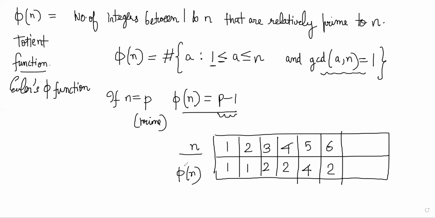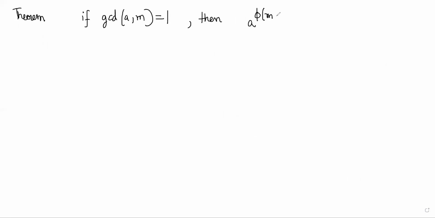So now we will be using this Euler's phi function, and we'll be proving this theorem. The theorem is this: if GCD of A and M is 1, then A power phi of M is congruent to 1 mod M. We'll be proving this now.